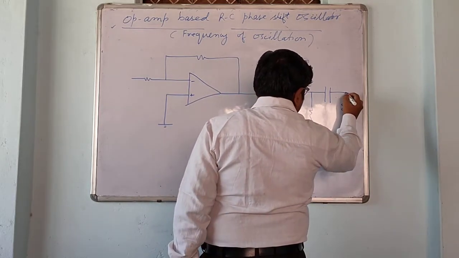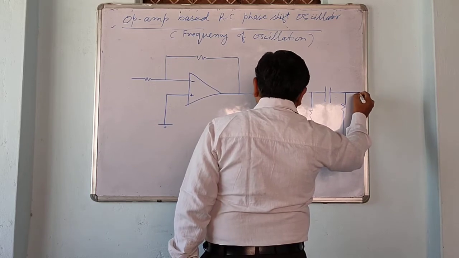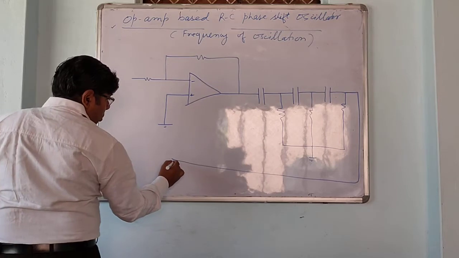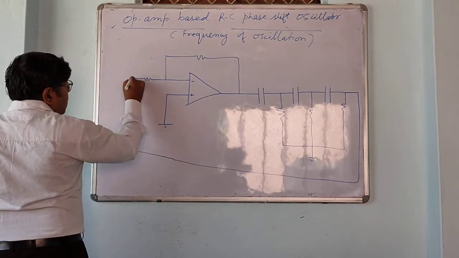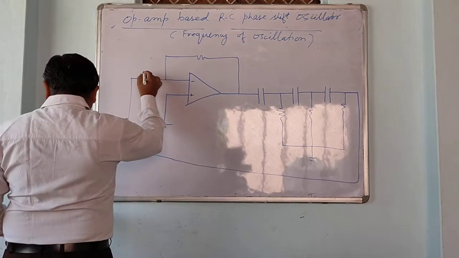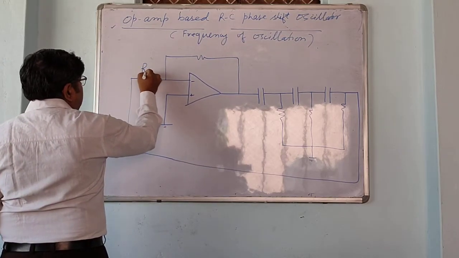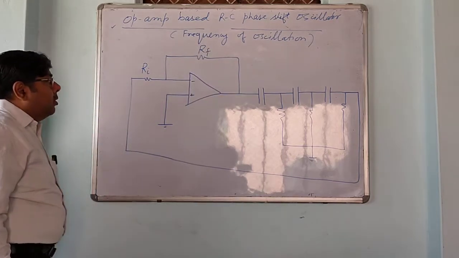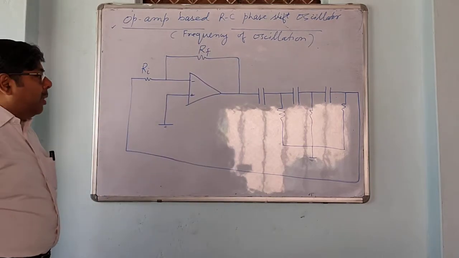and here output of feedback network is connected to the input of the operational amplifier. Here we are using two resistances. Suppose these are two resistances used in operational amplifier.